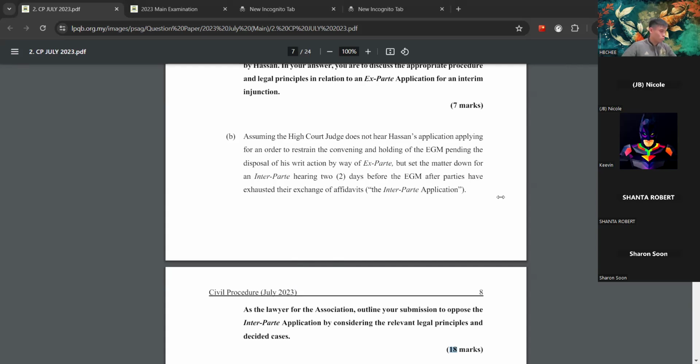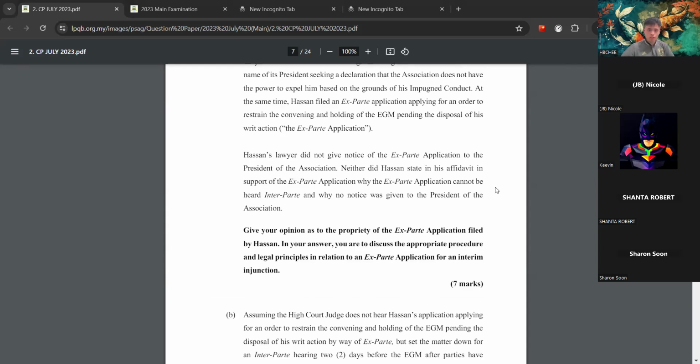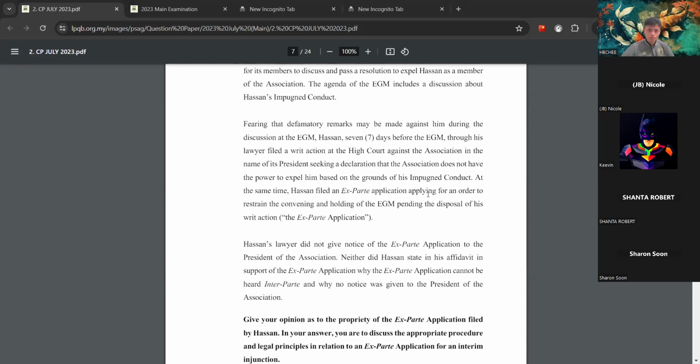No, sorry, not Rule 1 2BA, it's Rule 1 2A, the full and frank disclosure. Because the first part is, as you can see, Hassan does not explain why.